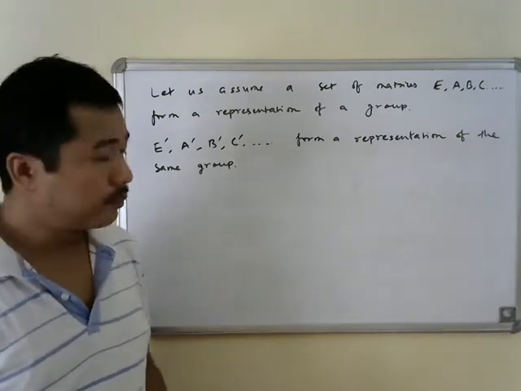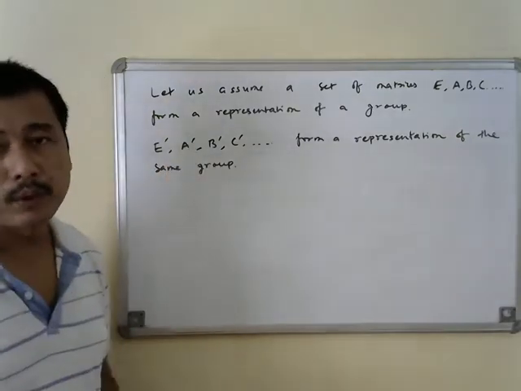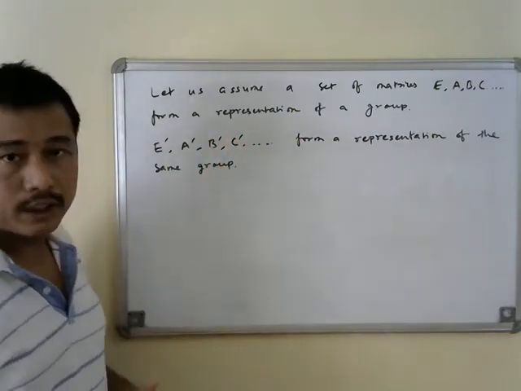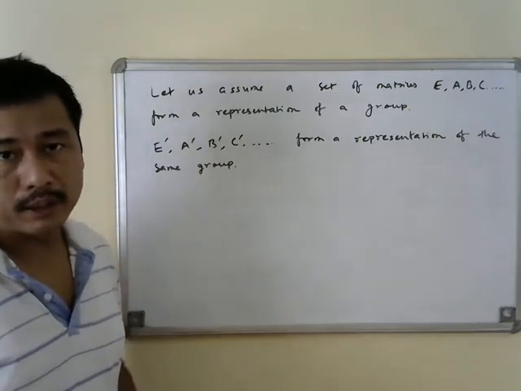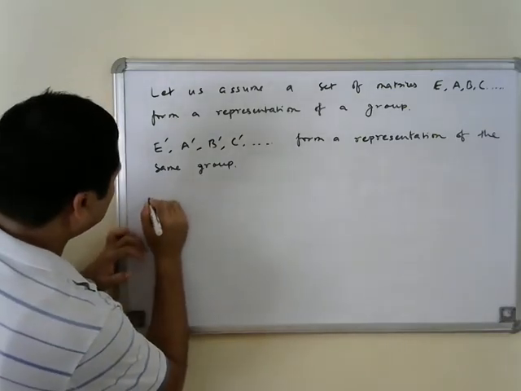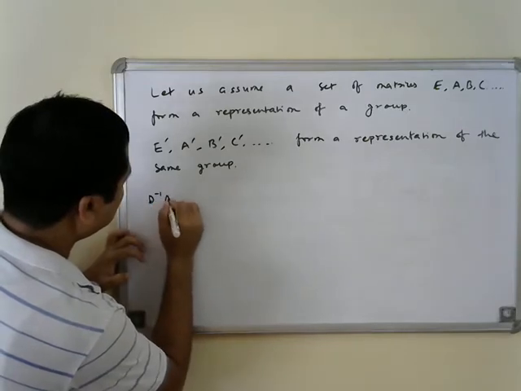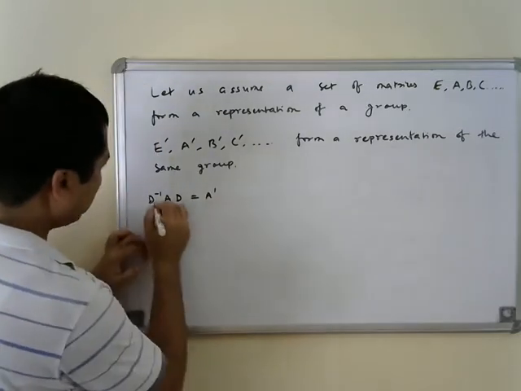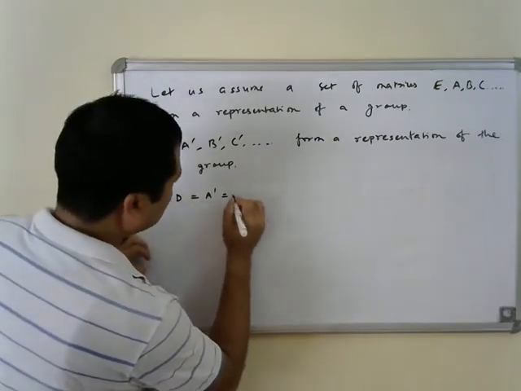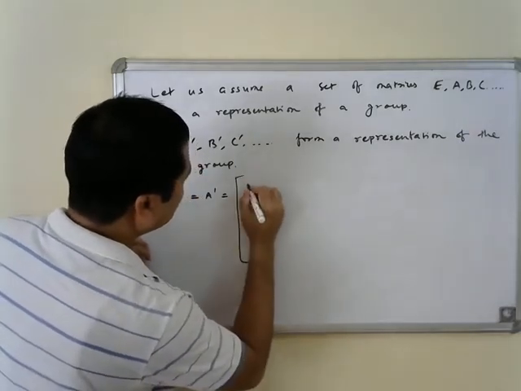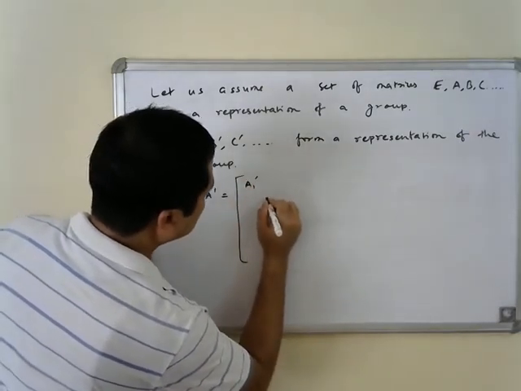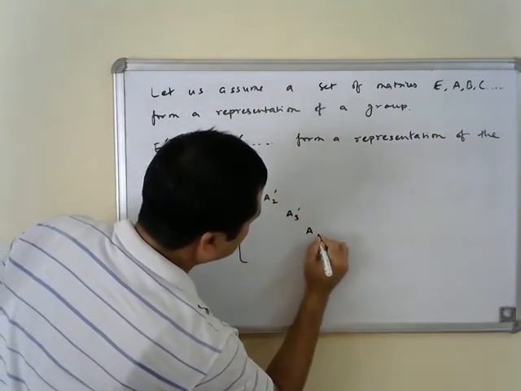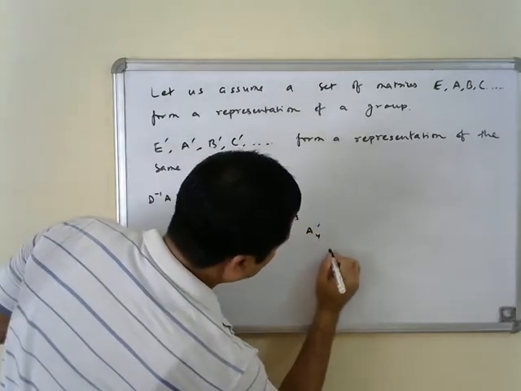Now if we assume that the matrices we obtained after similarity transformation of the parent set are block factored matrices, that is D inverse A D is equal to A dash, and A dash is a matrix which is block factored. That is, all the non-zero elements in A dash appear along blocks.